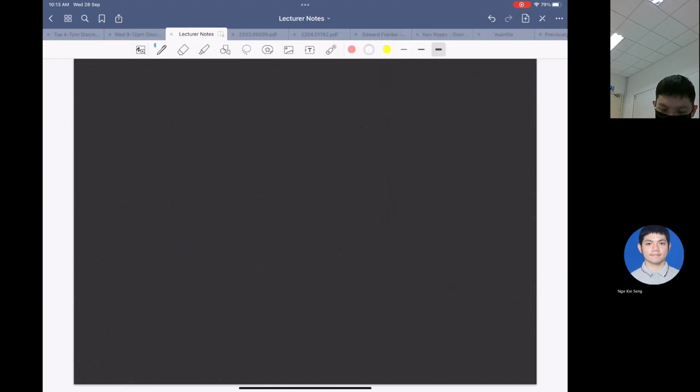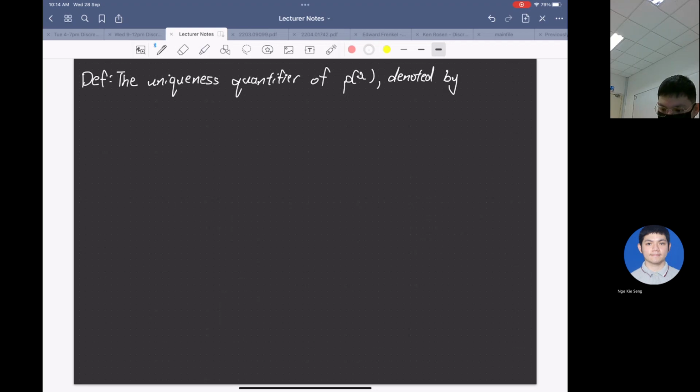Okay, the next one I want to introduce is the uniqueness quantifier. The uniqueness quantifier will have an exclamation mark beside the E. There's only one.